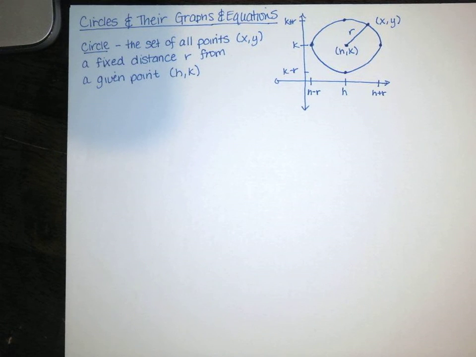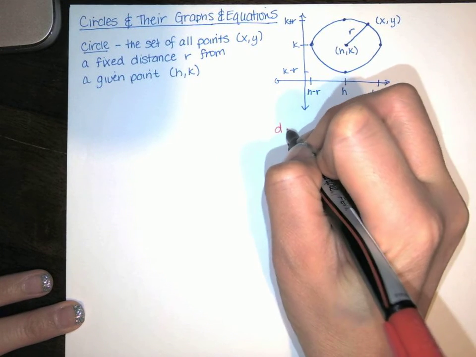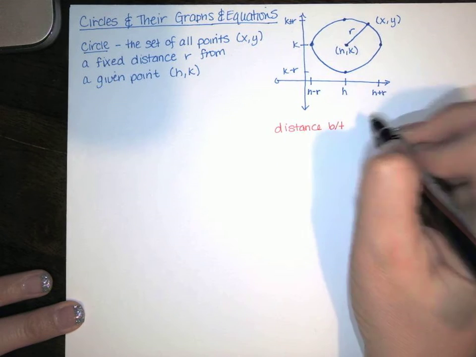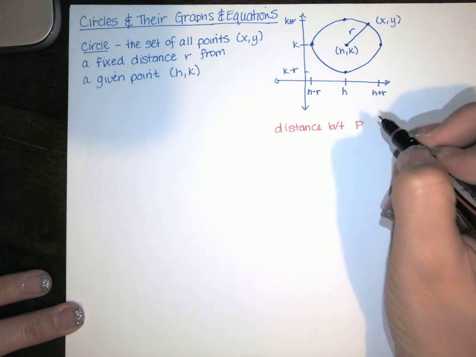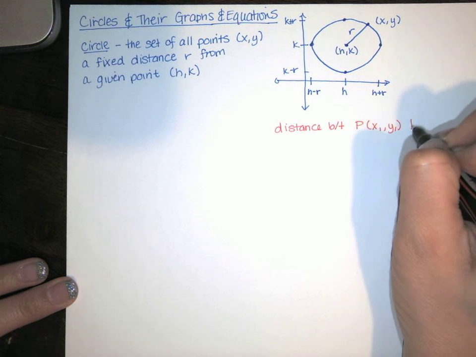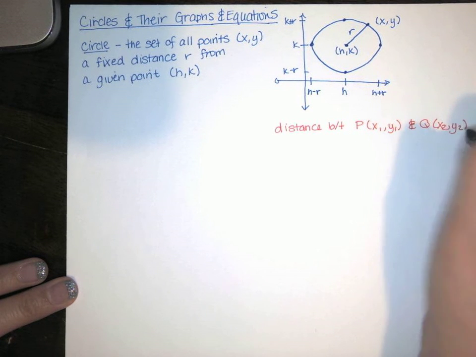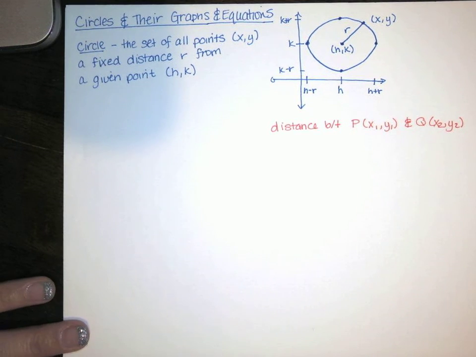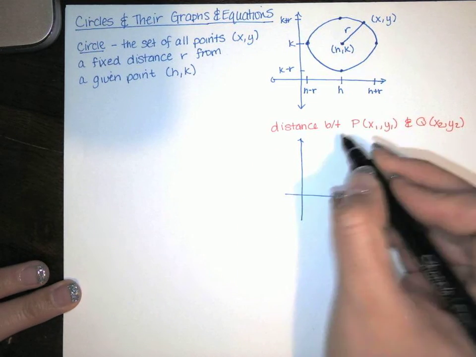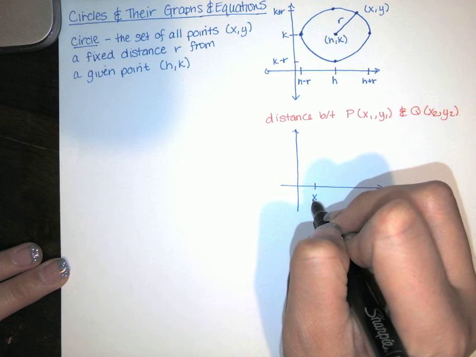We just use the distance formula. Now the distance between 2 points, let's say P, which has coordinates (x1, y1), and a point Q, which has coordinates (x2, y2), well, that distance formula can be derived by creating a right triangle.